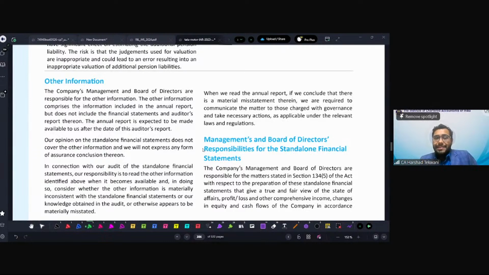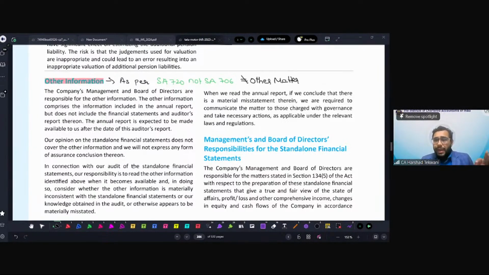This is as per SA 720, not SA 706, and it is not equal to the other matter paragraph.